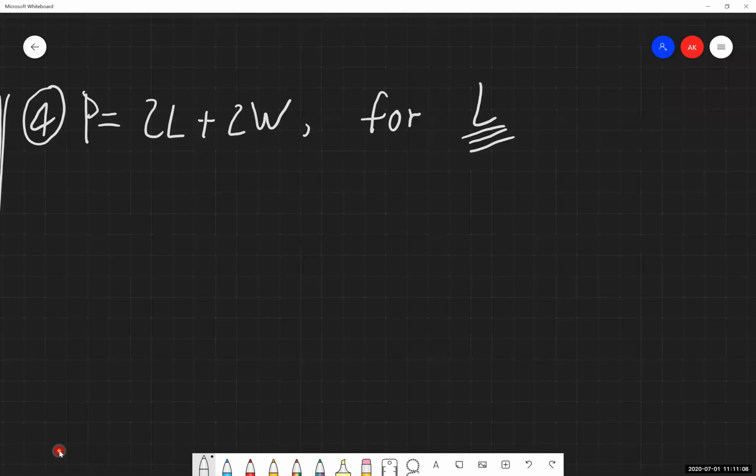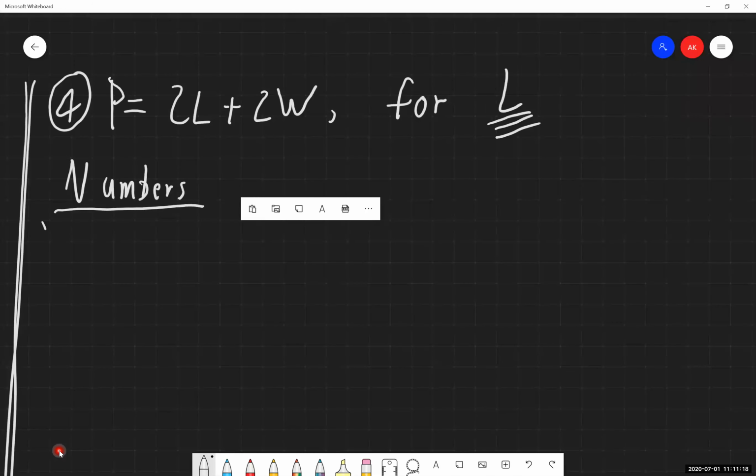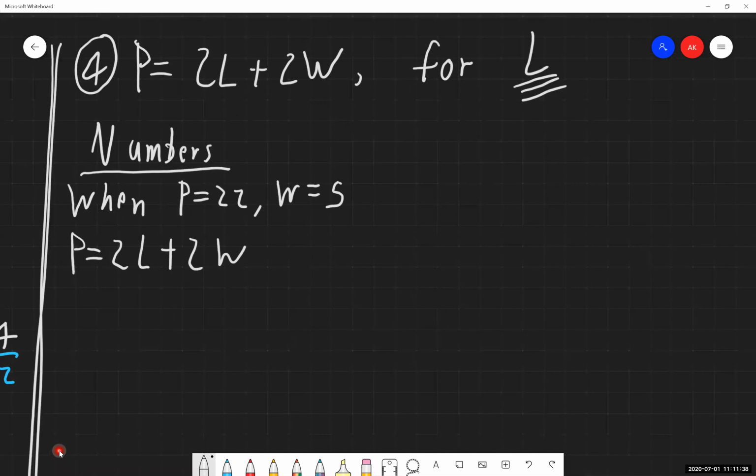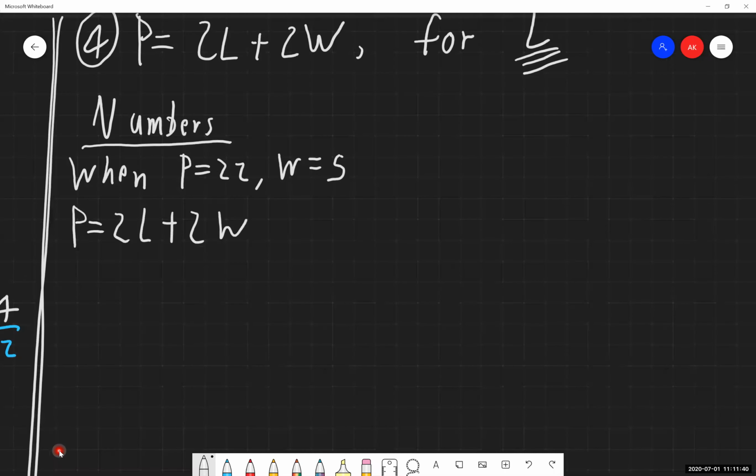So again, we'll work with the specific case where we have numbers showing up. And again, up till now, we're just following the same process. We have been told when P is equal to 22 and when W is equal to 5. So again, just like our previous examples, I'm hoping we're seeing where this can be very, very mechanical, and it is. We can, given values, write it down, write the equation, and then substitute in what we have been given.